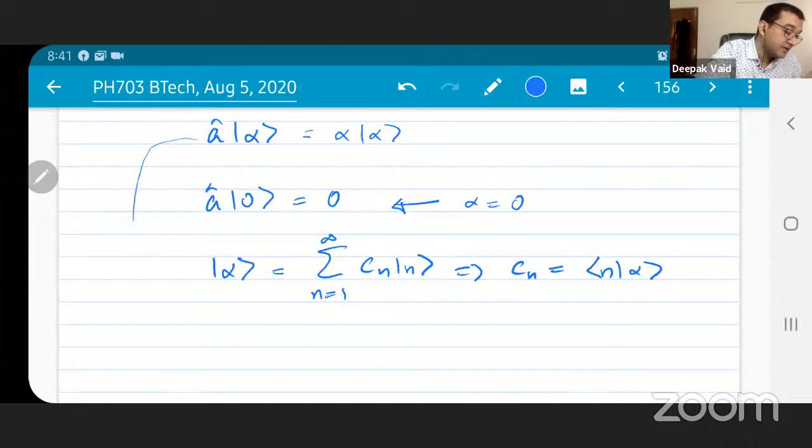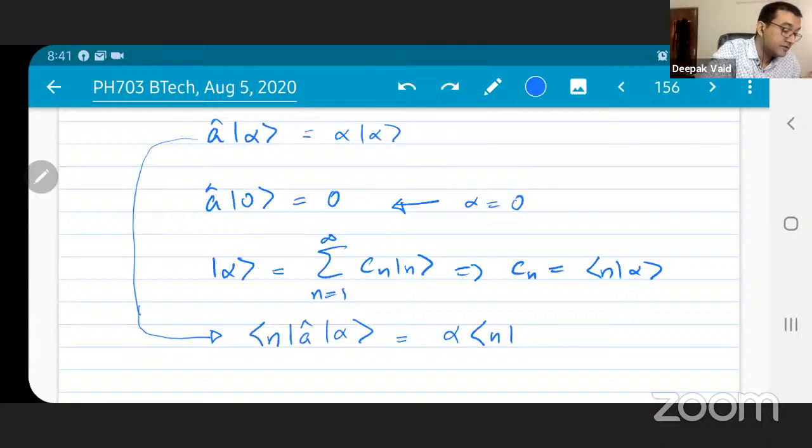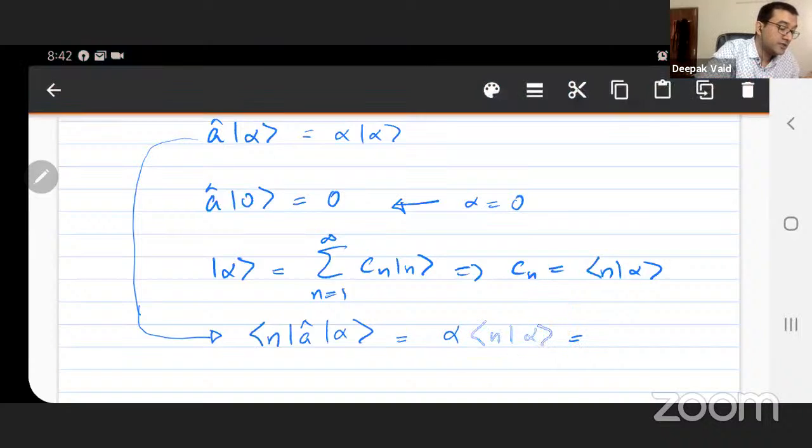So I can take this expression and put the bra n on the left, and on the right I will get n alpha. And what is this n alpha?